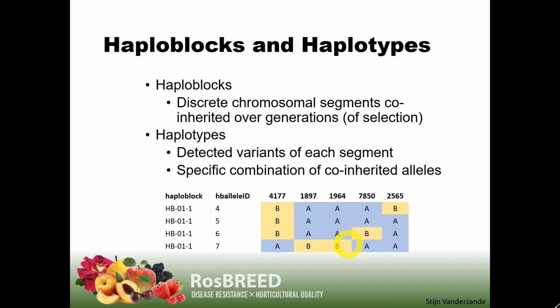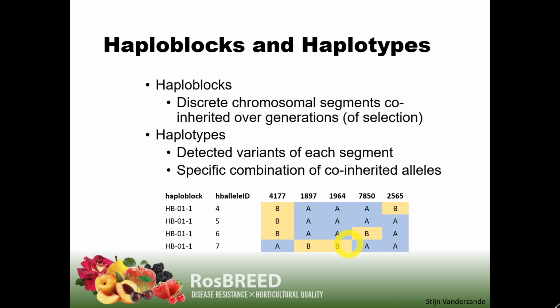There are a lot of seedlings generated every year, and most of those seedlings get thrown out. So it doesn't really matter where they had recombinations, because they leave our data sets. So it's a part of a chromosome that is inherited over generations, and over which we don't see any recombination.